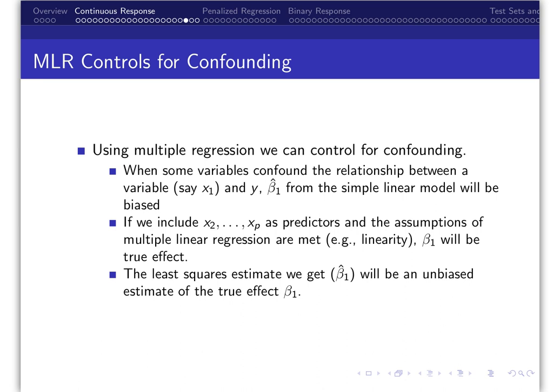If we are interested in the effect of x sub 1 on y, and x sub 2 to x sub p are possible confounders, we can include x sub 2 to x sub p as predictors in our regression model. This results in an unbiased estimate of the true association between x sub 1 and y.